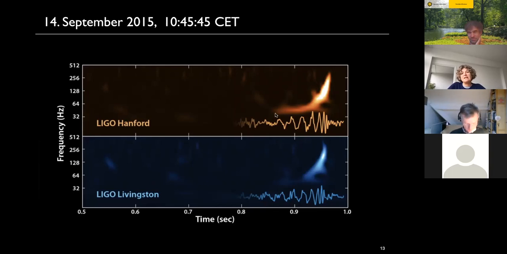So initially, at the time it starts, there's not that much power, which means a darker color on the plot. And then it slowly increases in power, and eventually the very bright region, which also coincides with the largest wave amplitude, has the largest power. And this characteristic sweeping up of the frequency and the power is called a chirp, and it is characteristic of a binary black hole coalescence.